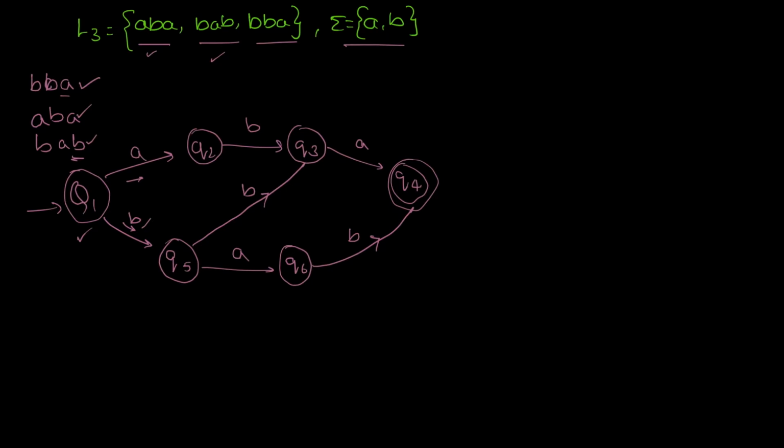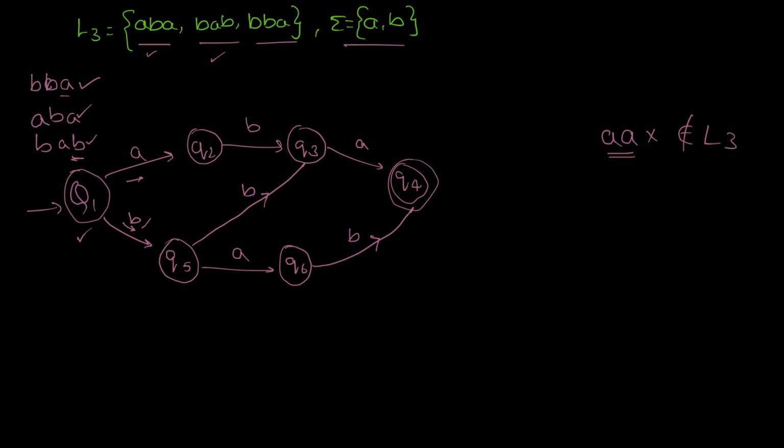Q2 doesn't have a transition over symbol A. So how did we reach Q2? On seeing symbol A. So after seeing A, if we see one more A from Q2, we have to reject this string AA, because this is not in our language.